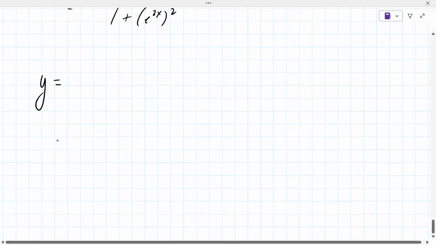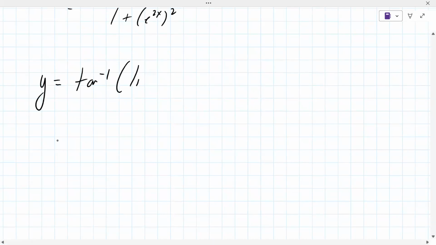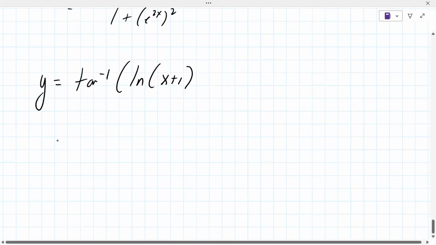Arctangent's a big one. So let's say it's the arctangent of the natural log of x plus 1.